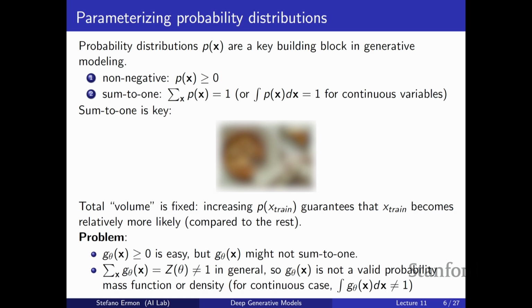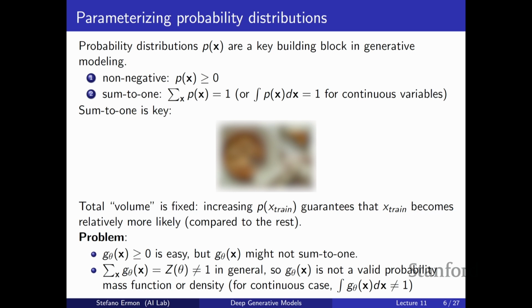And the analogy here is, in the discrete case, you sum over all possible inputs. In the continuous case, it's the integral that you have to worry about. And so that's the hard constraint to enforce.